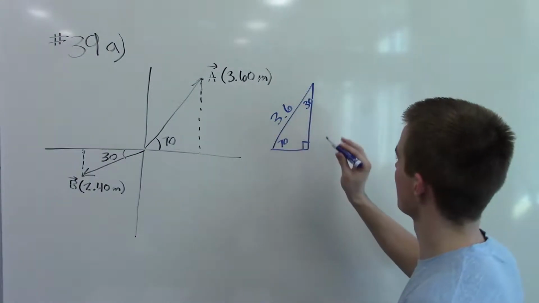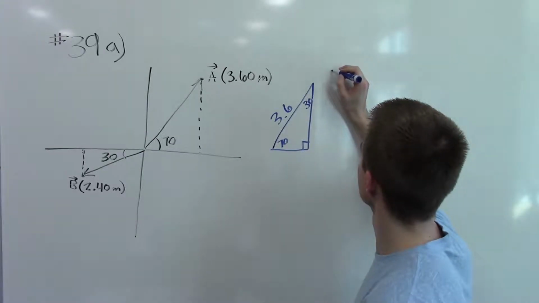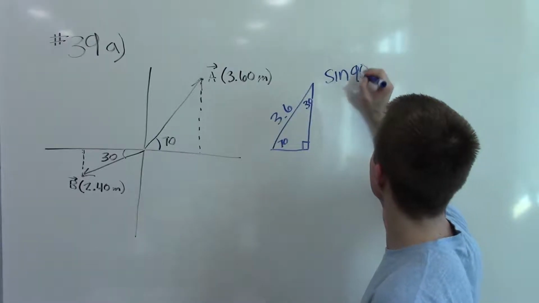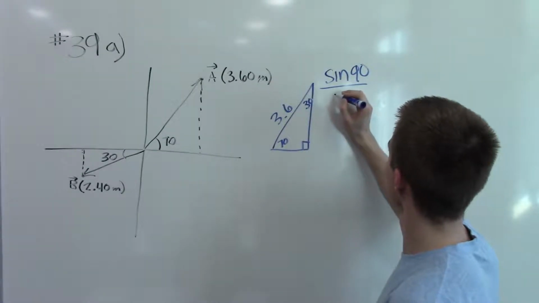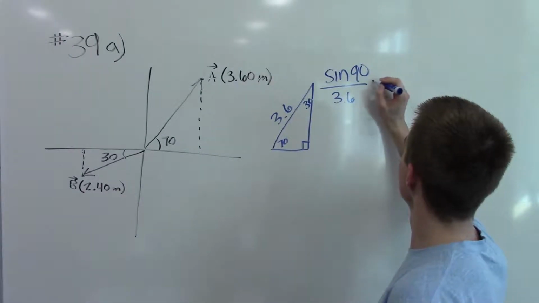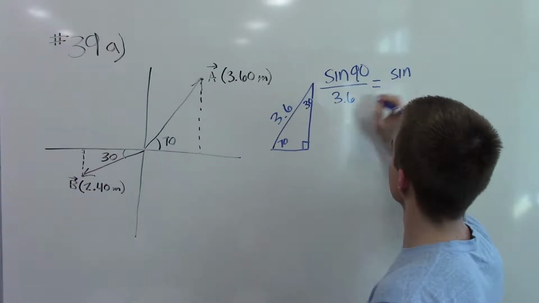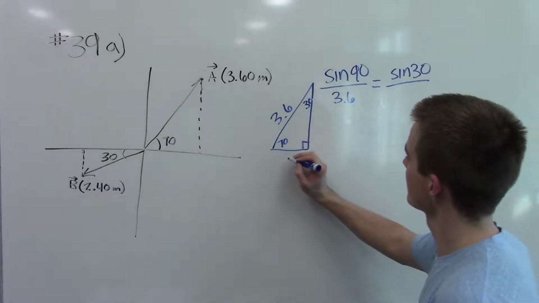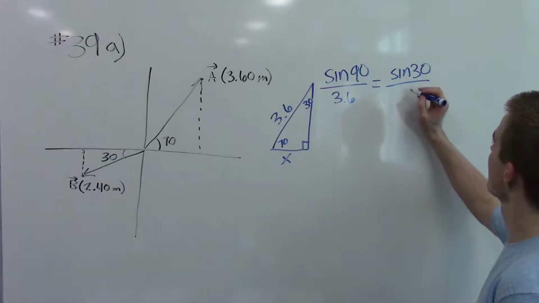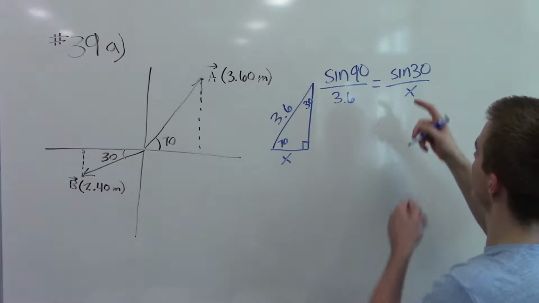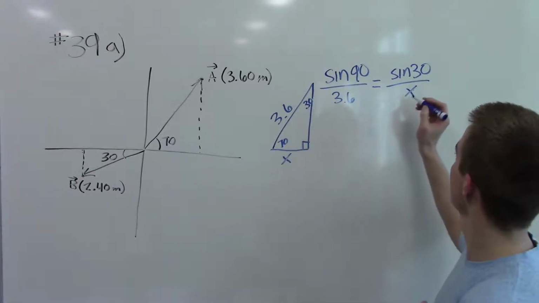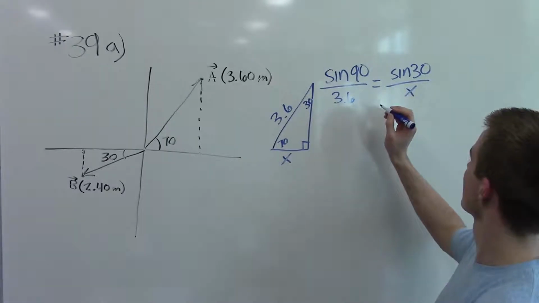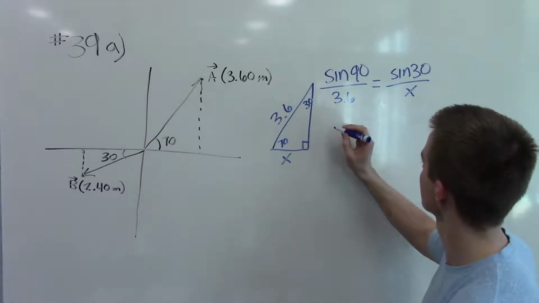So now we just need to solve for this using the law of sines, which is the sine of 90 divided by 3.6 is equal to the sine of 30 over this length. We'll put that as x over x. So now we just need to solve this problem for x by multiplying x across and multiplying 3.6 across.